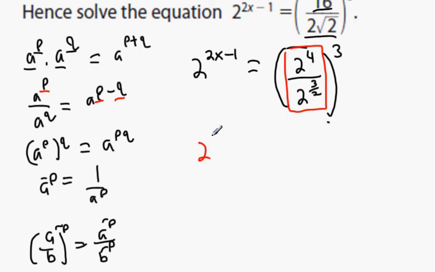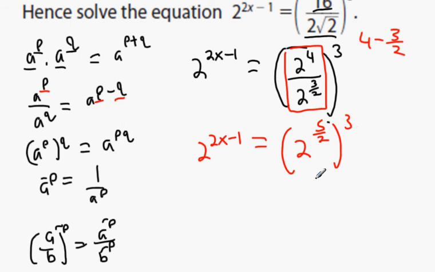So it's going to be 2x minus 1 equals, what is 4 minus 3 over 2? 5 over 2. 2 to the power of 5 over 2 to the power of 3. Now you have the double bracket rule, where you end up multiplying P by Q. What happens when you multiply them? So you can see that both ways give you the same answer. Yeah, both ways give you the same answer.